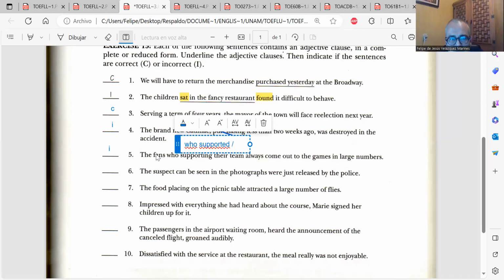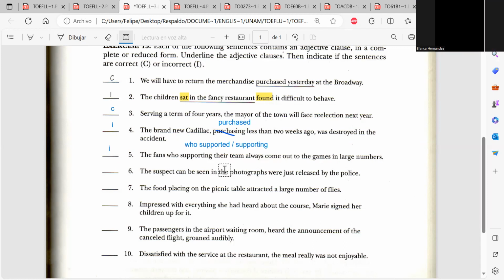Do the fans do the action or receive the action? The fans do the action. Okay, so we have to change it to ing. So we eliminate who, but we only say the fans supporting their team. Okay. Come out to the game in large numbers.